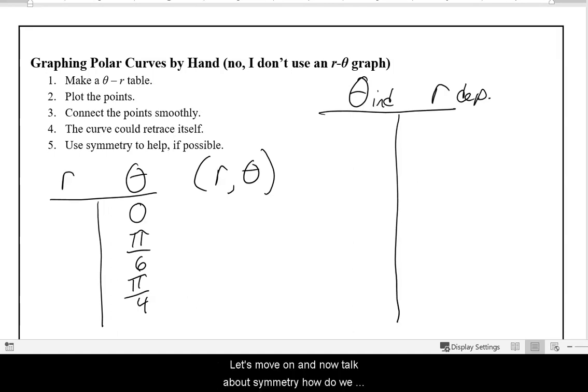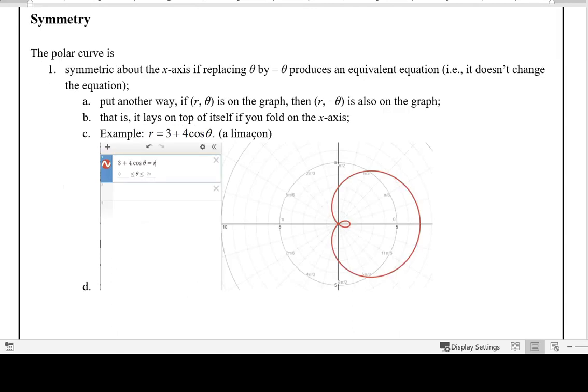Let's move on and now talk about symmetry. How do we do symmetry and how can we use symmetry to help us graph? In symmetry, we're talking about the same kinds of symmetry that we talked about for a rectangular coordinate system. That is symmetry with respect to the x-axis, the y-axis, or the origin.